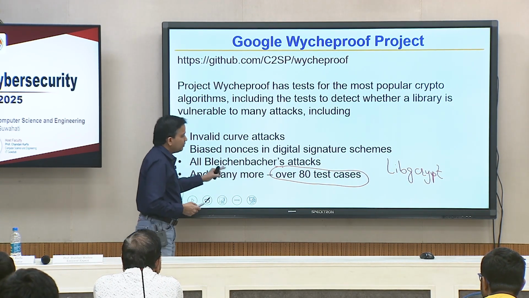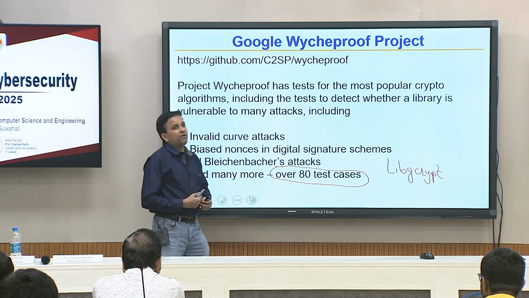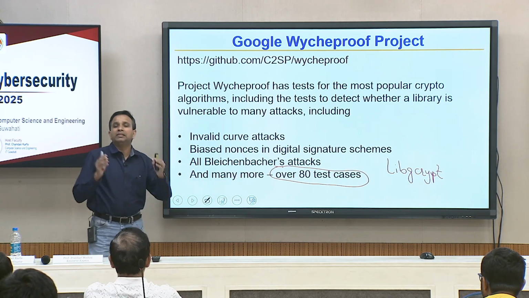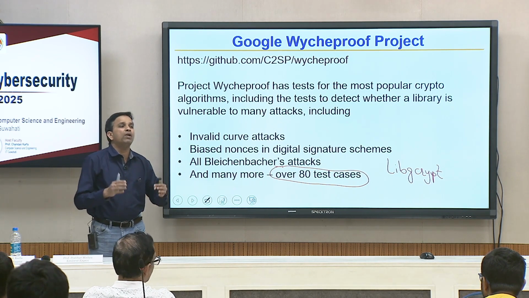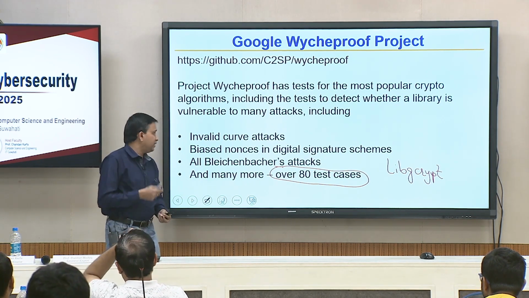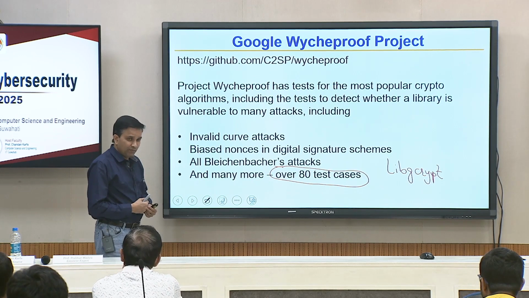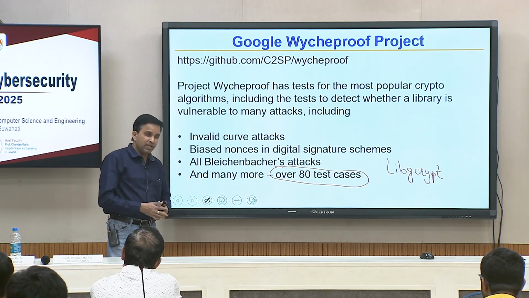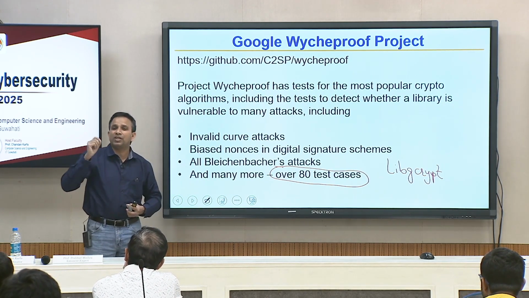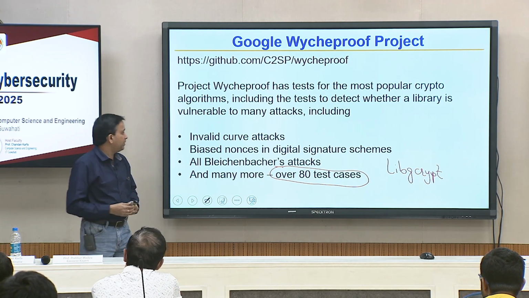You want to run those tests on your cryptographic library to make sure at least it does not have the well known problems. That is basically the idea of these tests. These are not formal verification, these are simulation tests, but nonetheless they at least check some of the bare minimum requirements.